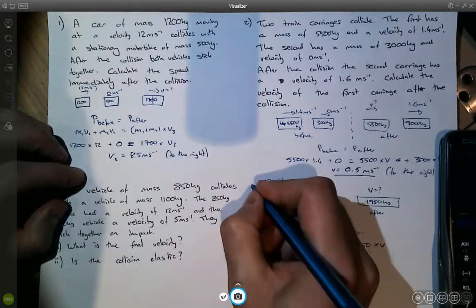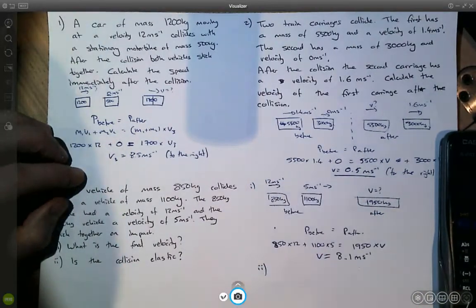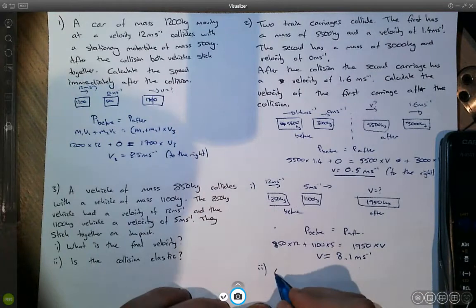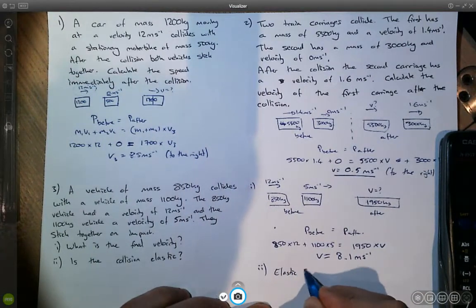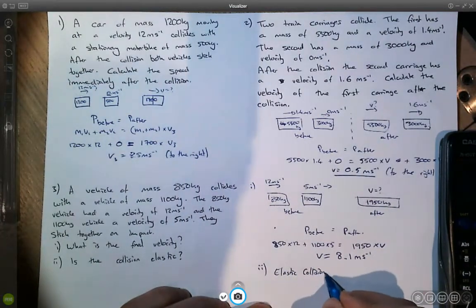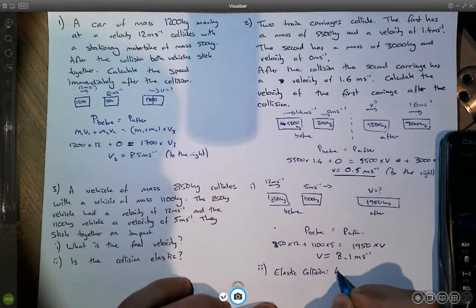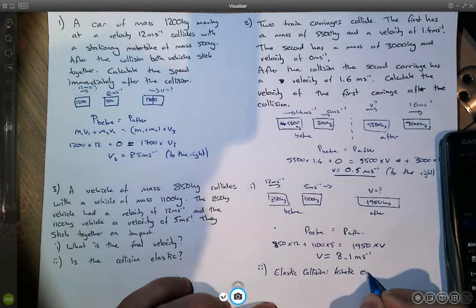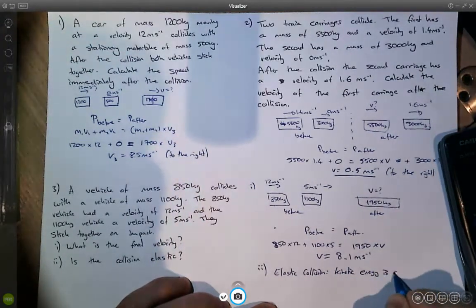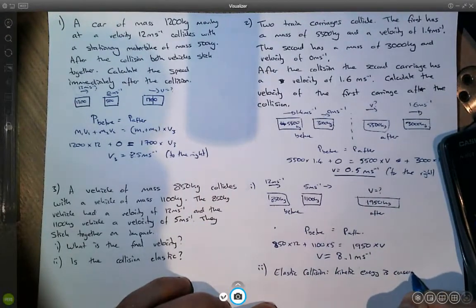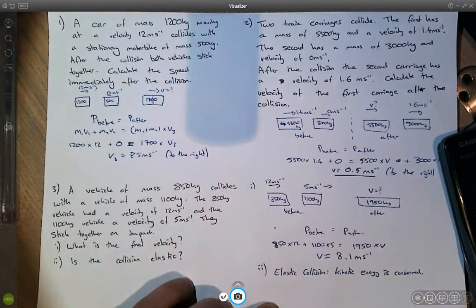Part II now says, is the collision elastic? So an elastic collision means that kinetic energy is conserved. And an inelastic collision means kinetic energy is not conserved.